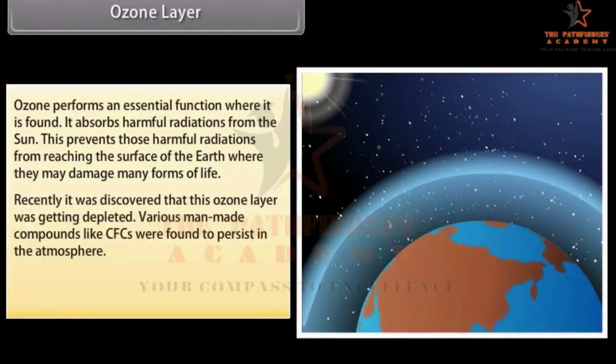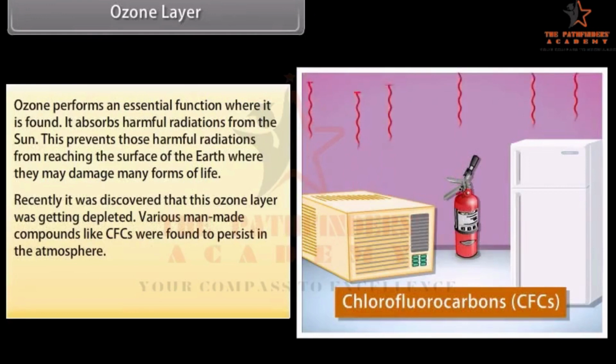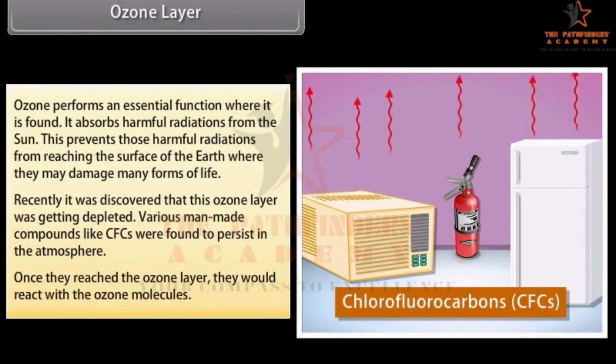Recently it was discovered that this ozone layer was getting depleted. Various man-made compounds like CFCs were found to persist in the atmosphere. Once they reached the ozone layer, they would react with the ozone molecules.